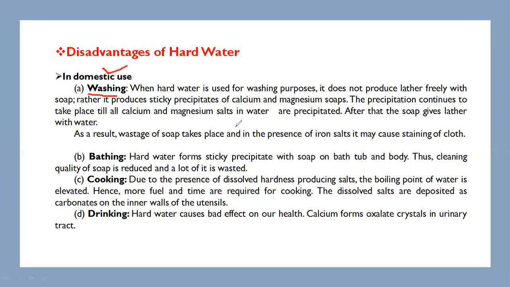The precipitation continues to take place till all calcium and magnesium salts in water are precipitated. After that, the soap gives lather with water. As a result, wastage of soap takes place, and in the presence of iron salts, it may cause staining of cloth.